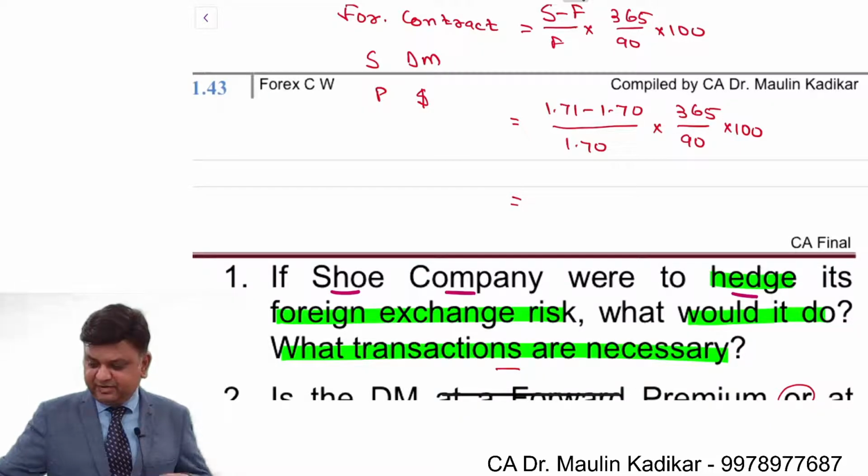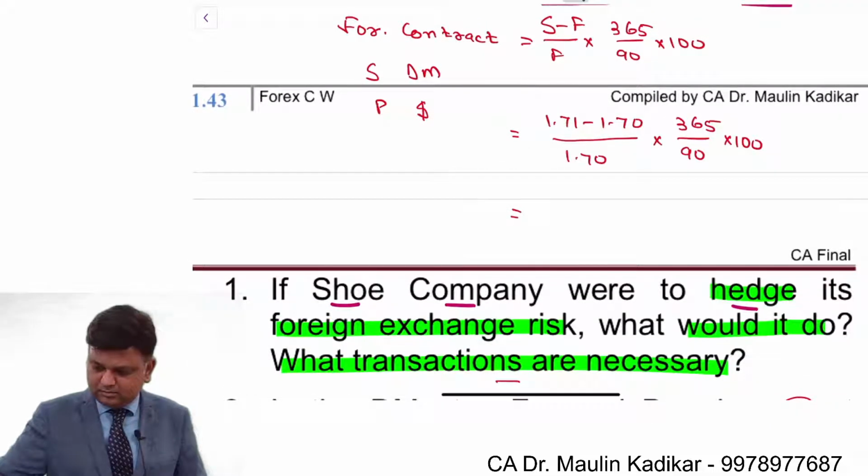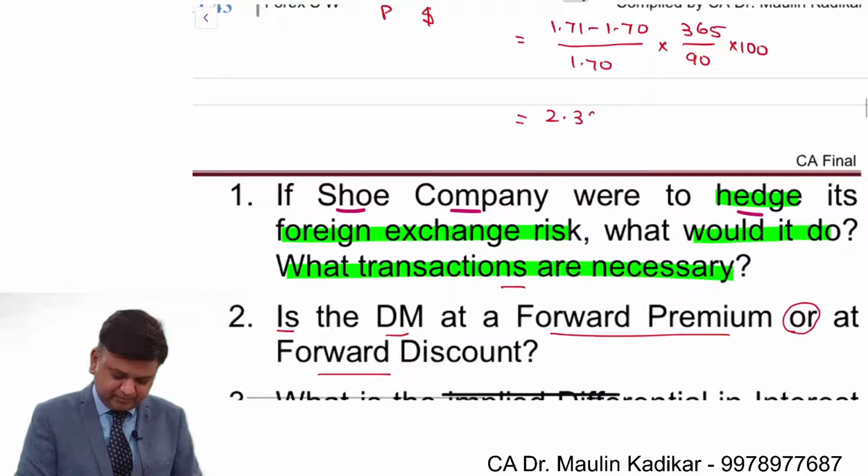So 1.71 minus 1.70 into 365 divided by 90 into 100. That comes to 2.3856.